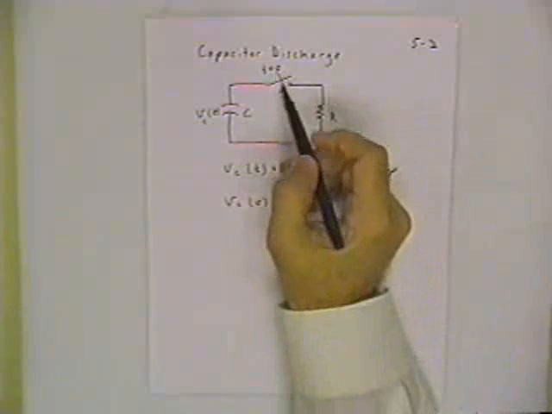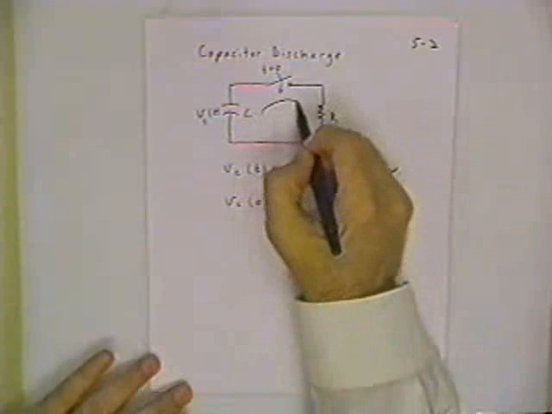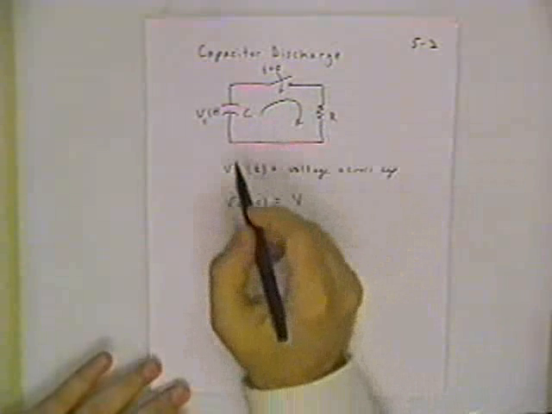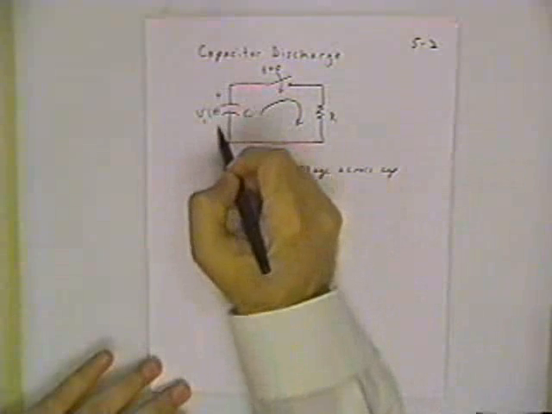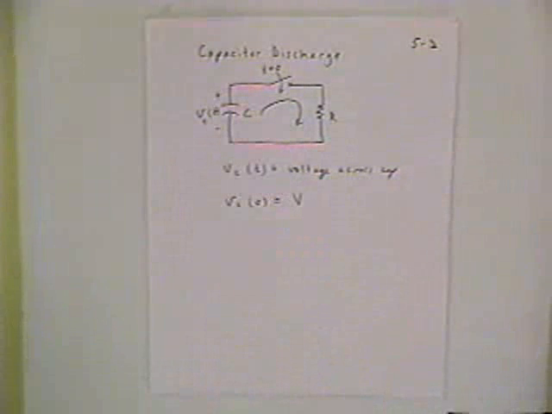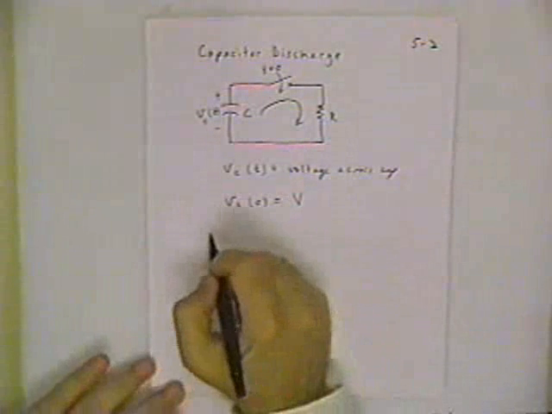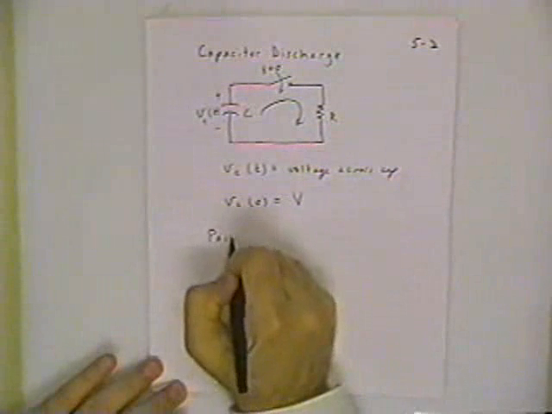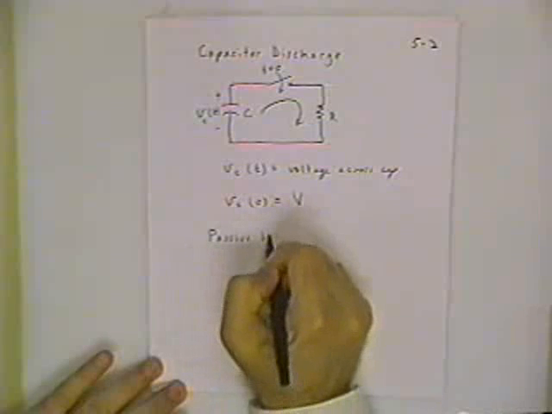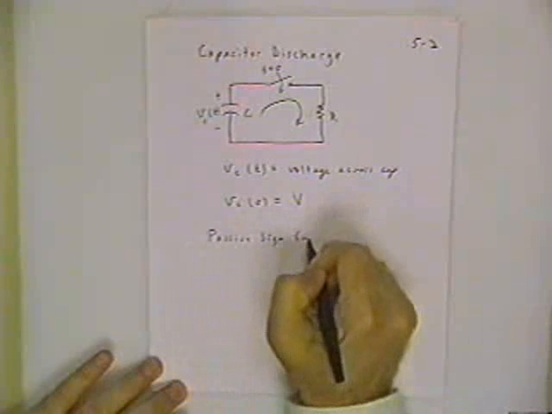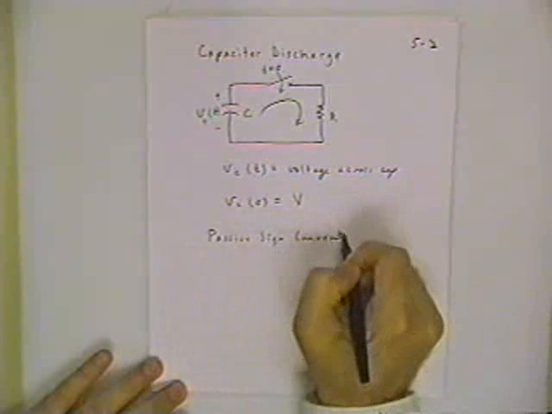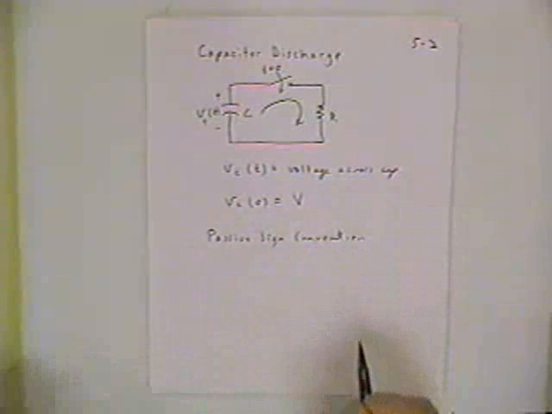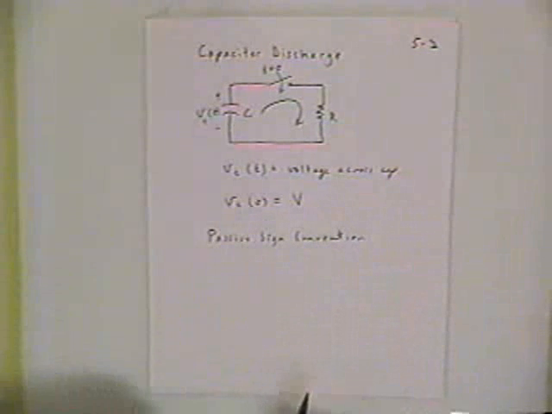Now what happens when this switch closes is a current will start to flow through the circuit. And now I want to point out to you something very important about our capacitor model, and that is the passive sign convention. Without it, we would get our equation wrong and we would predict something sort of ridiculous, and I'll show you what that is in a minute.